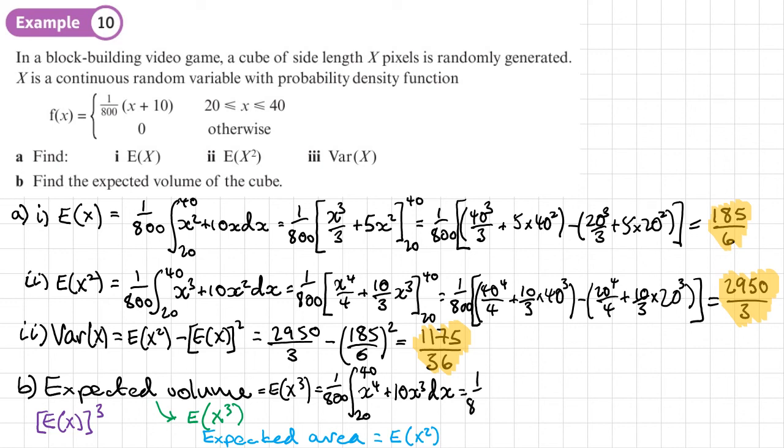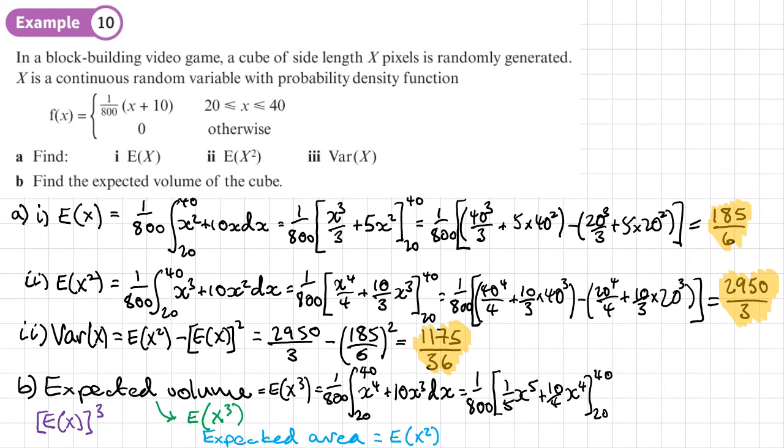Then we'll integrate that and see what we get. So for the first bit here, we'll have x to the power 5 over 5, or 1/5 x to the power 5, and then this will become 10x to the power 4 over 4, or 10 over 4 x to the power 4, and our limits are 20 and 40.